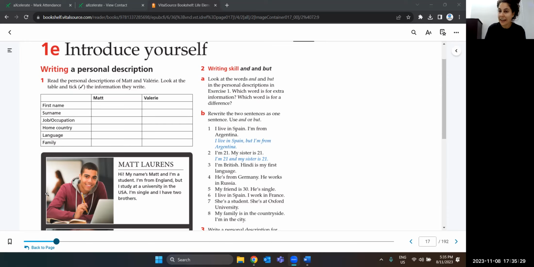But if you talk about a noun, an object, then you use the verb to have. So that's why he said at the end, and I have 2 brothers, because to have is used with nouns or objects. So you've got 2 very important verbs, to be and to have. Make sure you know when to use them.